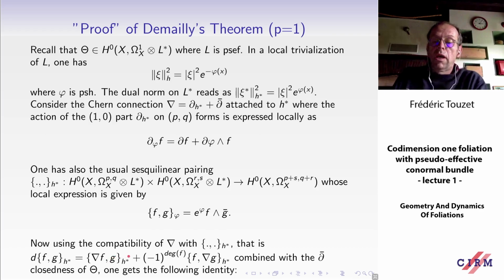Now, we use that theta is a holomorphic one form, so that its d bar vanishes.